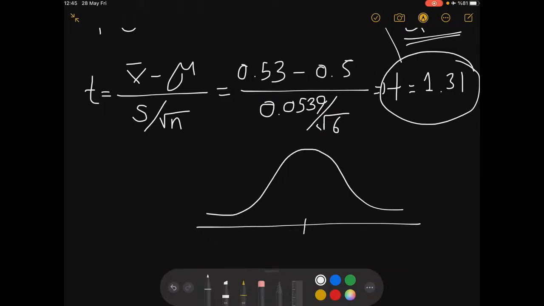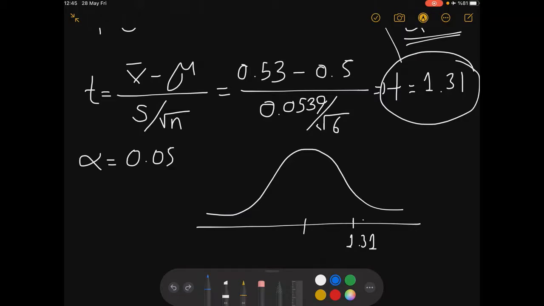Suppose that 1.31 is something here. But what I'm curious about is, for alpha equals 0.05, what is my critical value for the rejection region here?